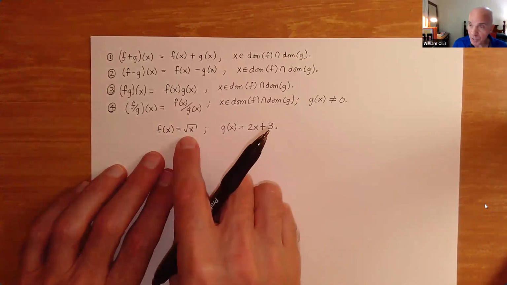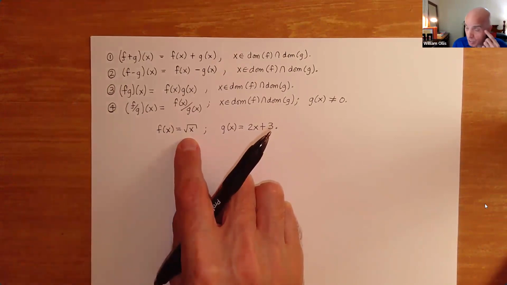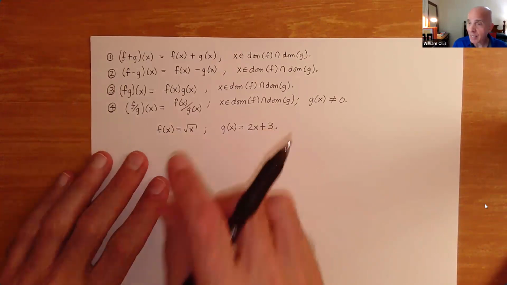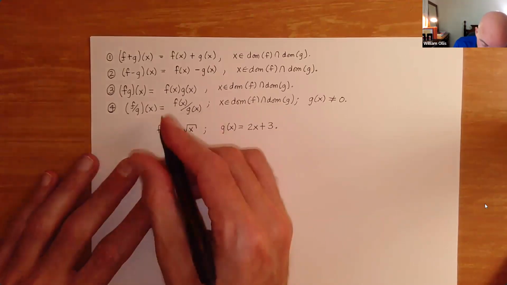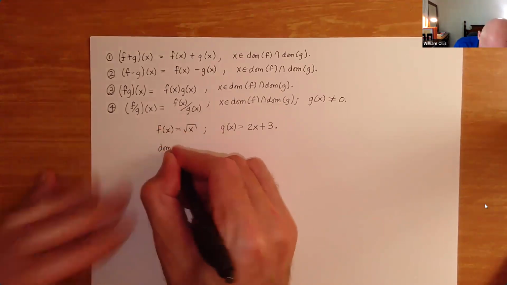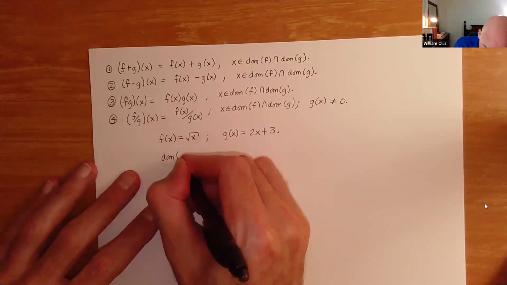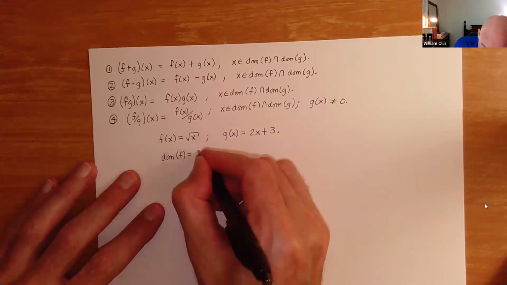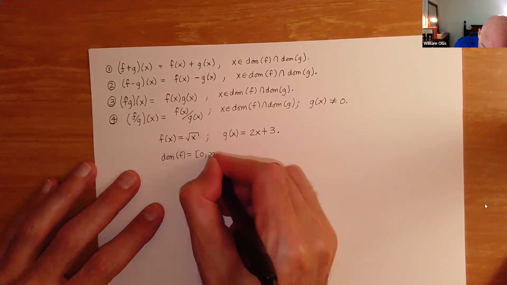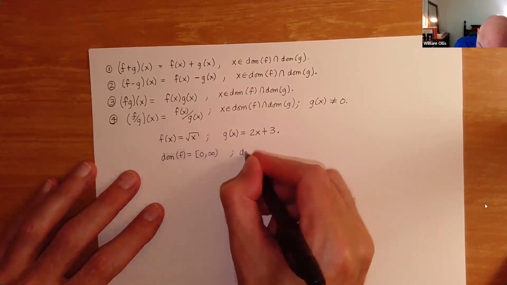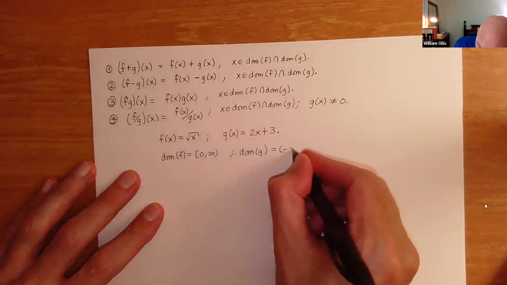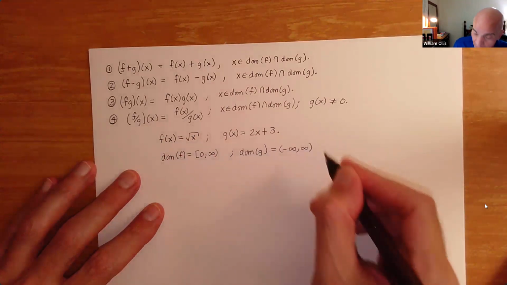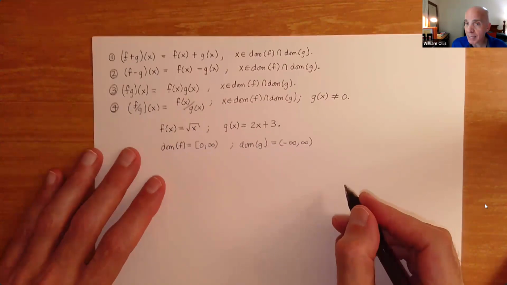But now, with the square root function, as we saw as a good example of an increasing function, x must be non-negative. So here we have domain of f will be all non-negative reals. And of course, domain of g is all reals, because there's no restriction here on this function unless we just make it that way.